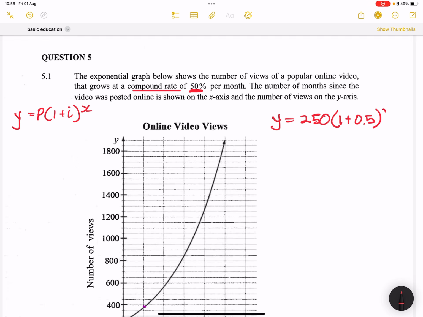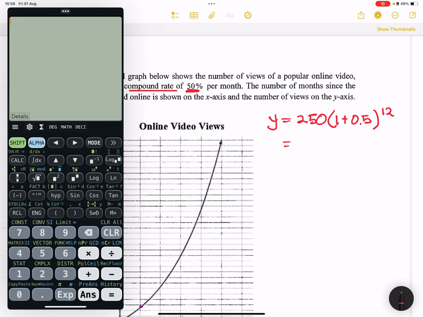But remember, they said in a year, so that's in 12 months' time, so x would be 12. So let's quickly get that value. That's 250 into 1 plus 0.5, and we are raising this to the exponent of 12.